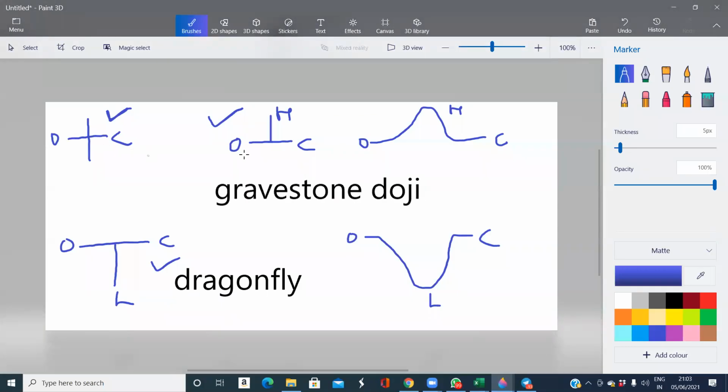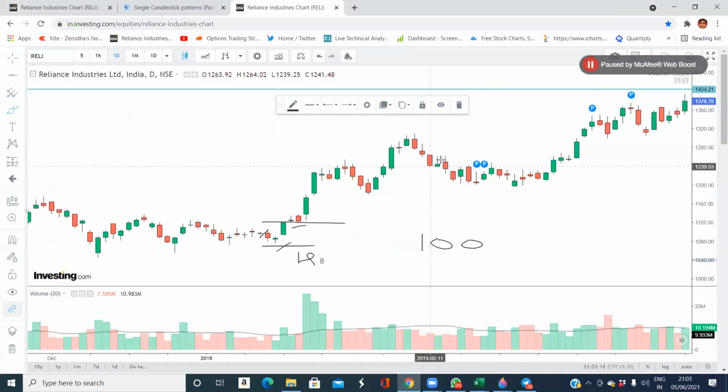So this is the normal doji, this is the gravestone doji, and this is the dragonfly doji. So, three dojis, and you will find dojis like this on the chart.